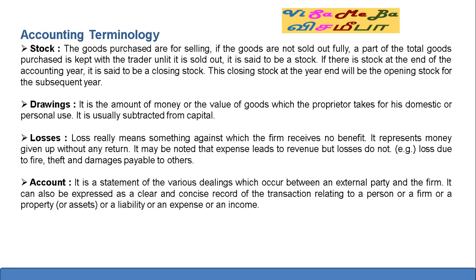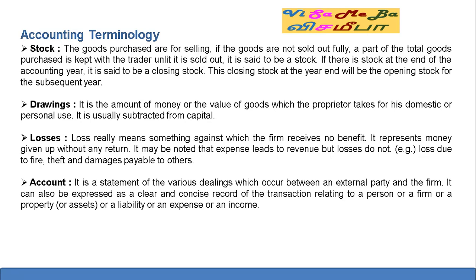Stock. The goods purchased are for selling. If the goods are not sold out fully, a part of the total goods purchased is kept with the trader until it is sold out.